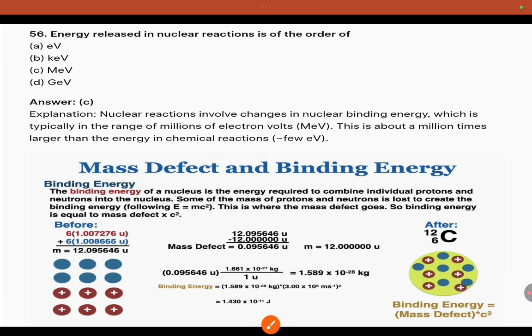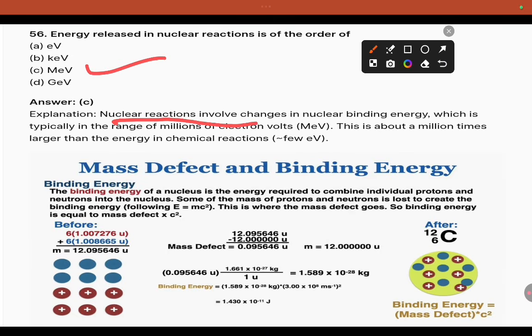56. Energy released in a nuclear reaction is of the order of million electron volts. Nuclear reactions involve changes in nuclear binding energy, which is typically in the range of millions of electron volts.